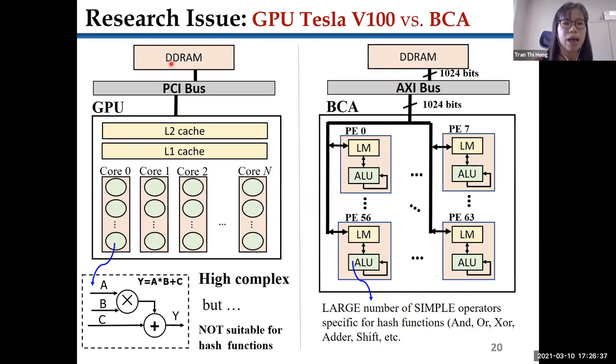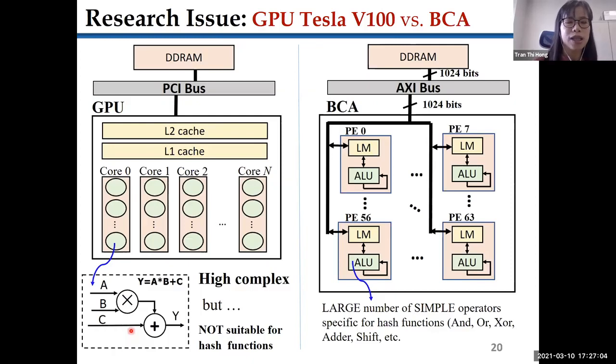But basically it's aimed at AI learning. Therefore, most of its hardware resource is focused on calculating convolutions. It's very high complexity, but it's not suitable for the cryptography hash function. Even though it can still calculate the hash, it's not optimal for the SHA function.